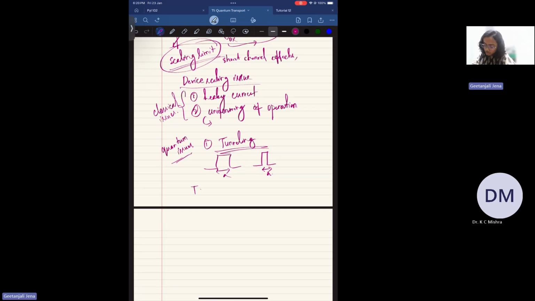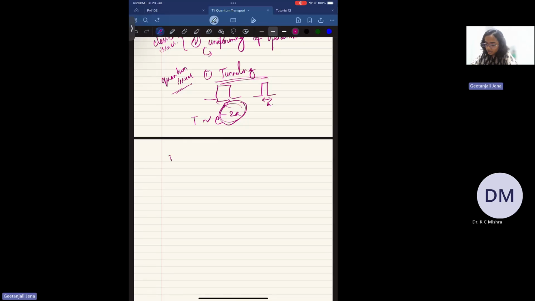Another issue that you will see is the gate induced charge carrier injection into the channel. We'll see this in detail in our upcoming live session.